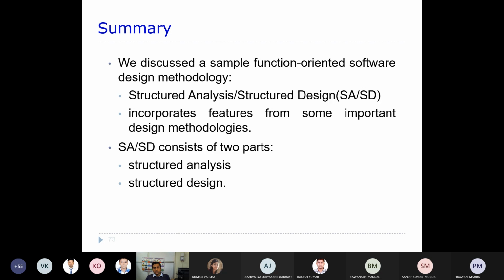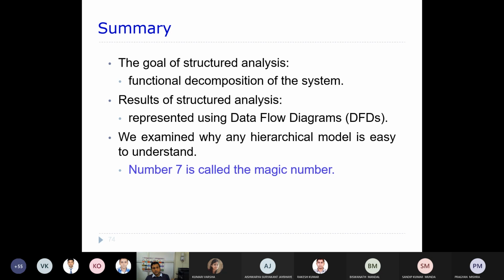Now, we have seen structured analysis and structured design, two different important parts of this topic.